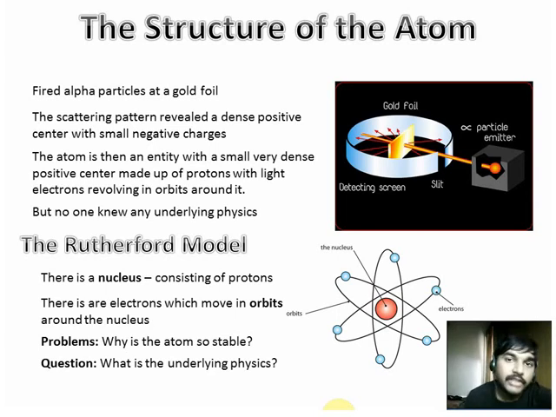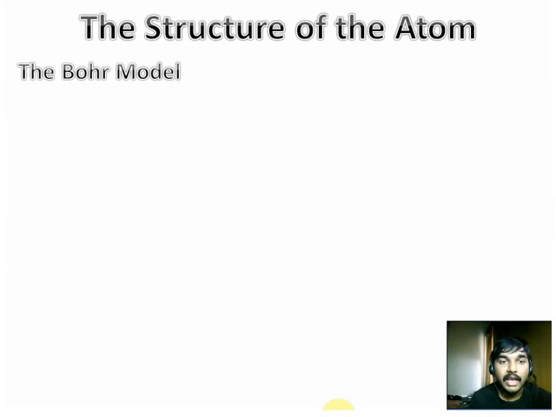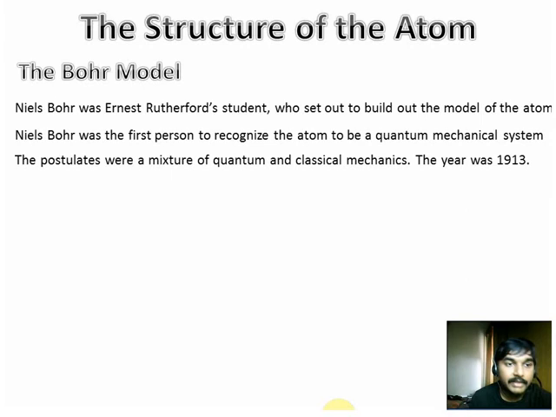These questions were partially answered by Lord Rutherford's student himself, Niels Bohr. This experiment happened in 1911, and Niels Bohr gave a model in its finality in 1913, 2 years later. And this would be the final triumph of the old quantum mechanics.